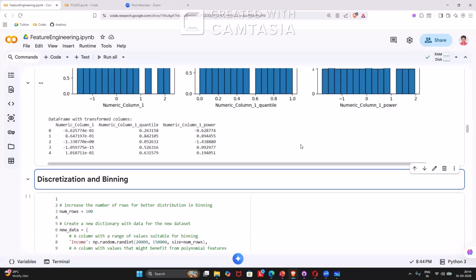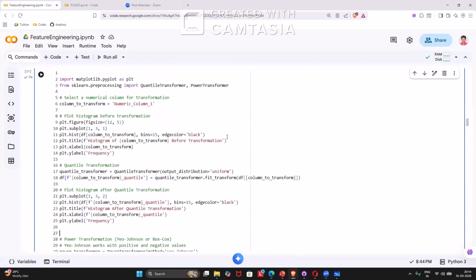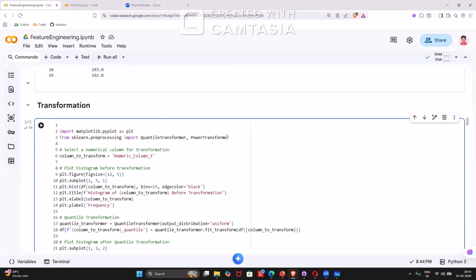So this is also a pre-processing step, but it is an optional thing. I never see these transformations in every pre-processing pipeline. If you want to make it into a normal or uniform distribution, you can do it.